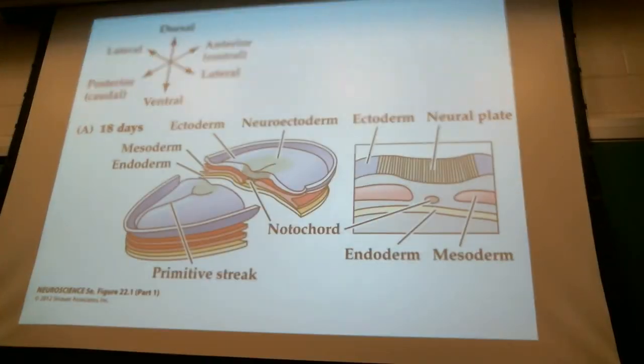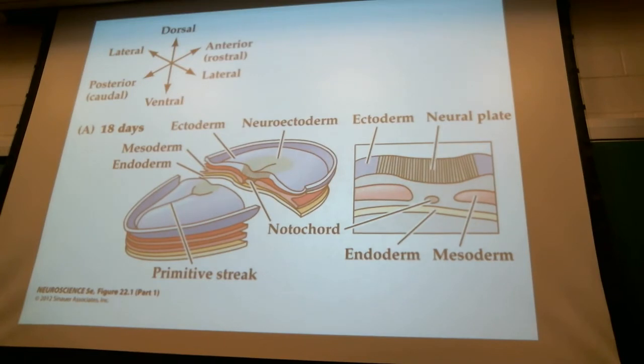So this is day 18's view of our body, and as you can see, this is the node. If you cut section, it looks like this, but it's really a long bar.